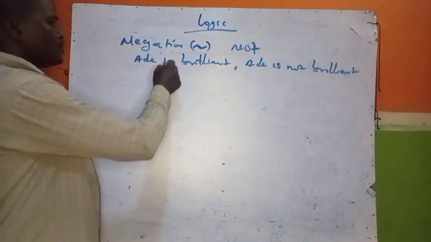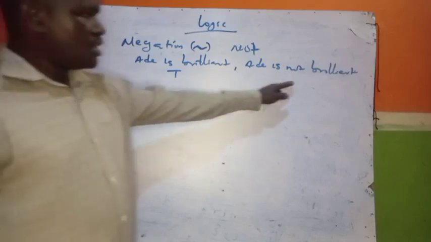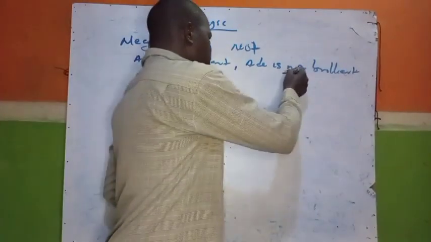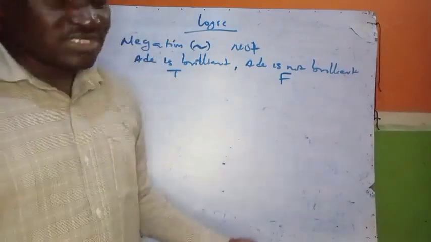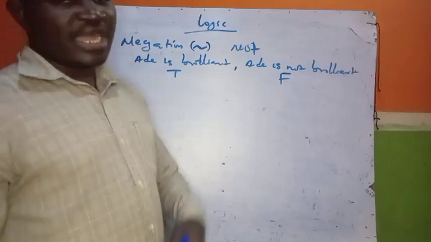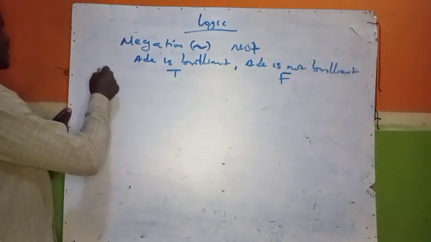So what I'm saying is that if the statement is true, its negation is going to be false. If it is true that Ade is brilliant, it is false that Ade is not brilliant, and vice versa.